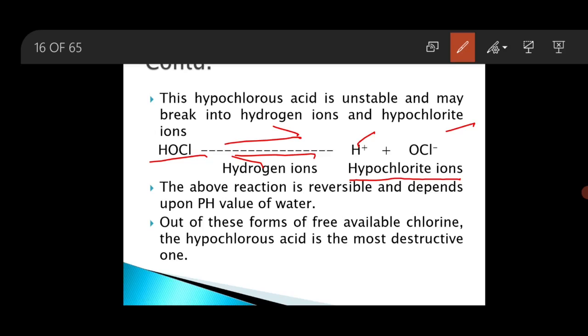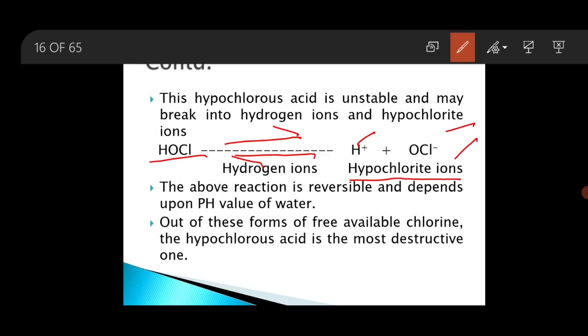The dissociation of hypochlorous acid, that is HOCl, into ions is more effective at high pH values and vice versa. Thus, when the pH value is greater than 10, only OCl minus ions are found.